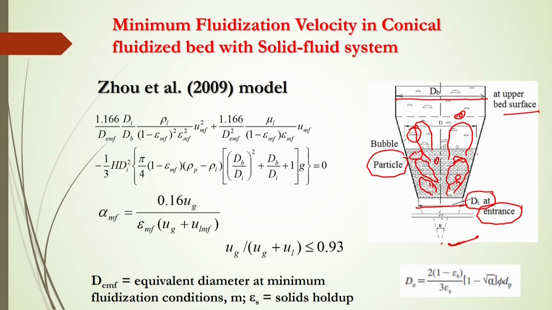And also the solid circulation in this conical fluidized bed is more important, and it will be very beneficial for physical operations like coating and drying. Now, what should be the minimum fluidization velocity in this conical fluidized bed system?